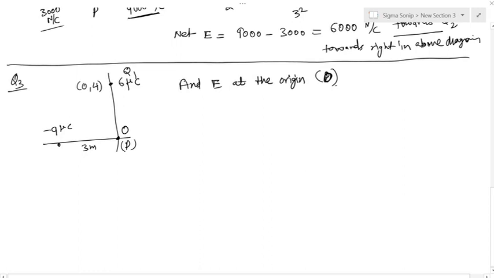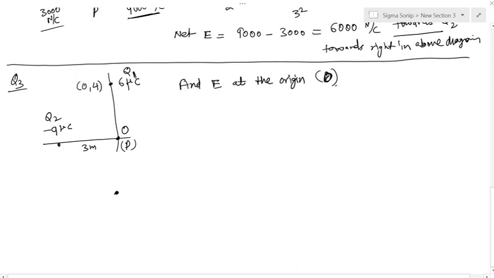We do the same thing just like the previous example. Here we have Q2, and I'm going to find the electric field intensity at this point because of Q1 and because of Q2, and then vectorially add them together.